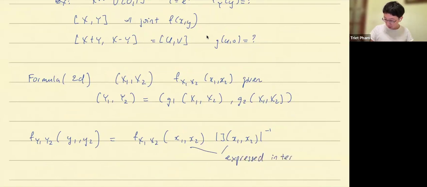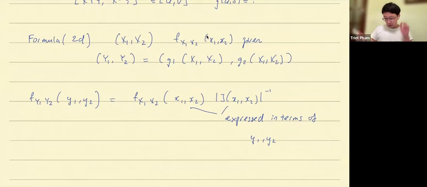However, let's say right away that this must be expressed in terms of Y1, Y2. And this is the Jacobian inverse, so 1 over the Jacobian. This means the determinant. Oh, sorry, I take it back. This here already means the determinant of the Jacobian, and this means the absolute value.